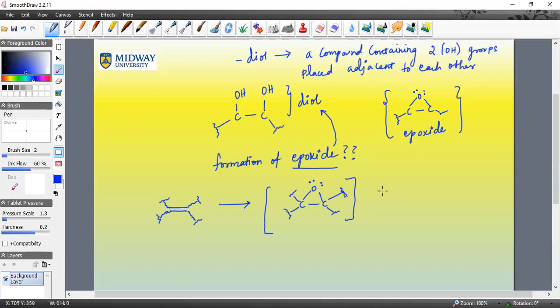As I said, for some reactions you'll be able to identify the intermediate because it has a longer half-life. For some, the intermediate is not observed because the reaction happens too fast. So this is your epoxide intermediate, and then that goes on to make your diol.